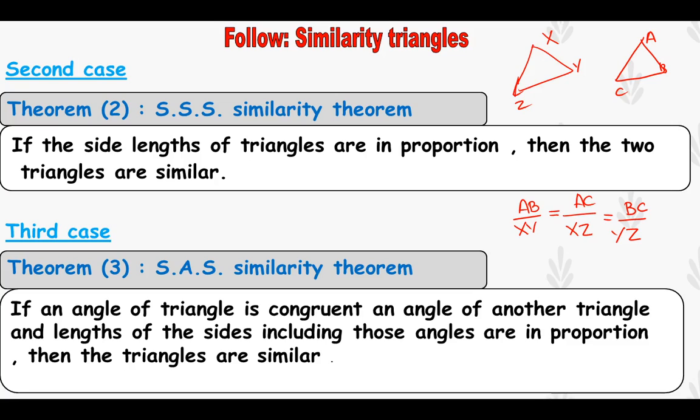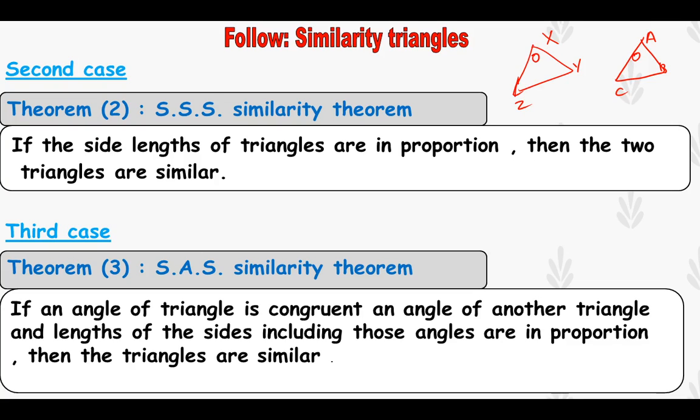And what about the third case? Here, the third case: if ABC is a triangle and XYZ is another triangle, if measure of angle A equals measure of angle X, so an angle of a triangle is congruent to an angle of another triangle, okay?